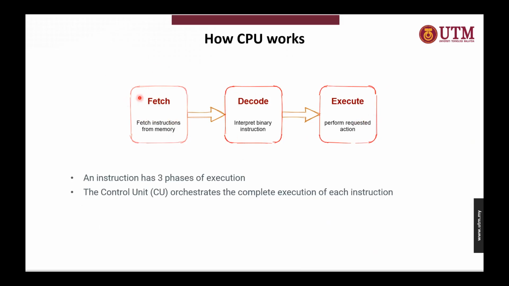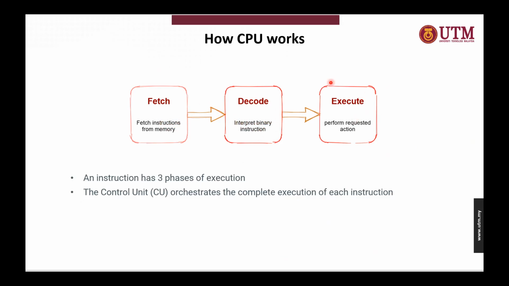First is the fetch, where the instruction is fetched from the memory to the CPU. Then we have the decode phase, where the instruction that has been fetched earlier will be interpreted into binary instructions, because the CPU only knows machine codes. Since the instruction is in C programming or assembly language, it needs to be decoded and interpreted into binary instructions.